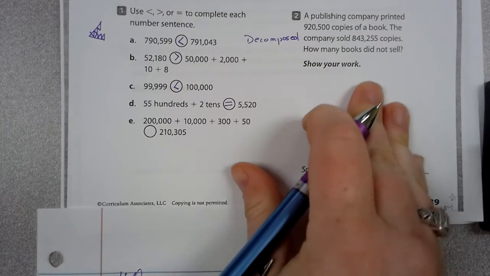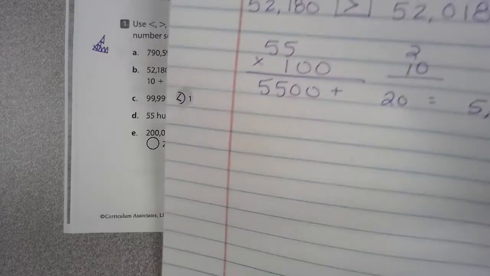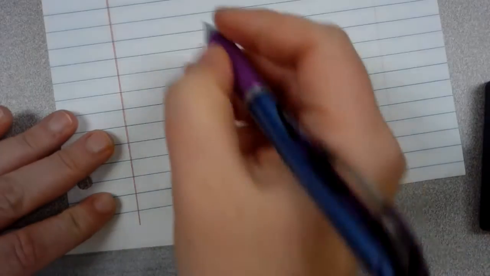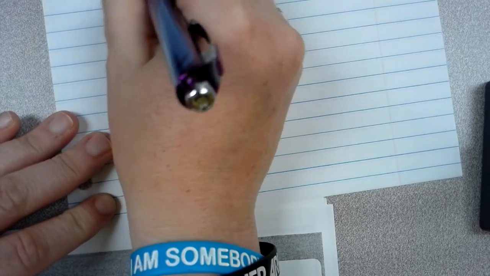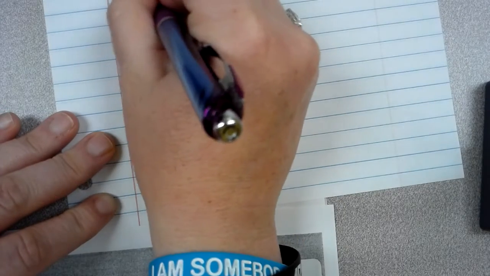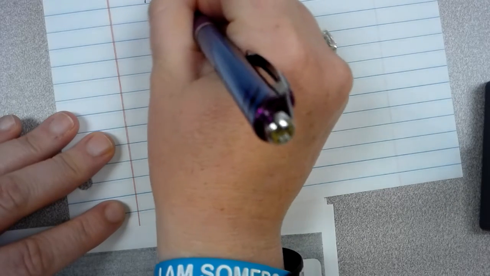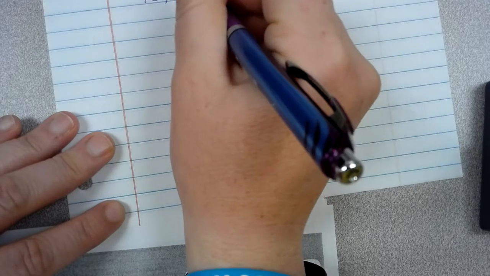Last but certainly not least, we have another decomposed number. So let's break it apart. I have 20,000. Or no, I don't. I have 200,000 plus 10,000 plus 300 plus 50.